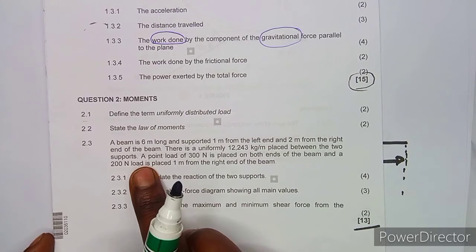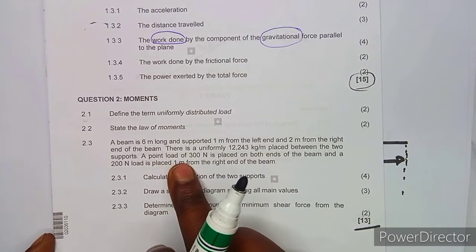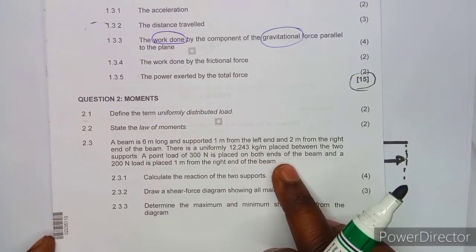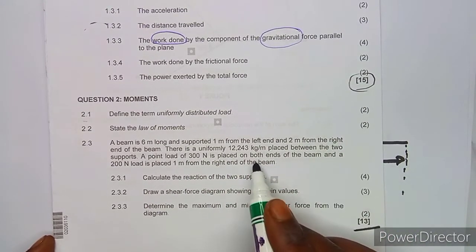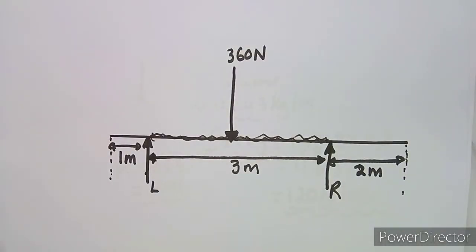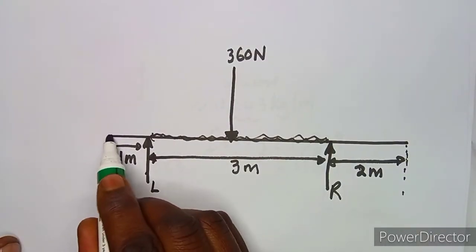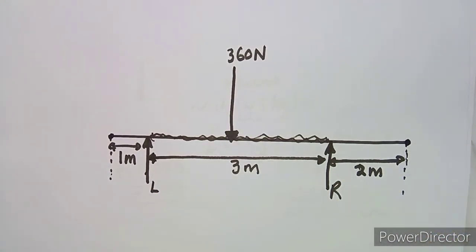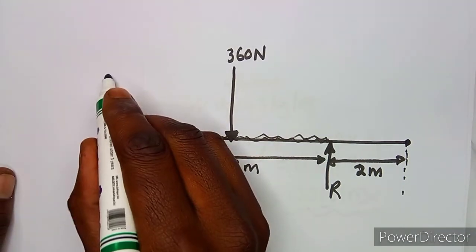We move on to this point. A point load, we are given another point load. 300 Newton is placed on both ends of the beam. Take note, on both ends, and the ends of the beam, we are talking about the left end. Remember, there's a certain distance from the left end and a certain distance from the right end. That is where we have a point load of 300 Newton.